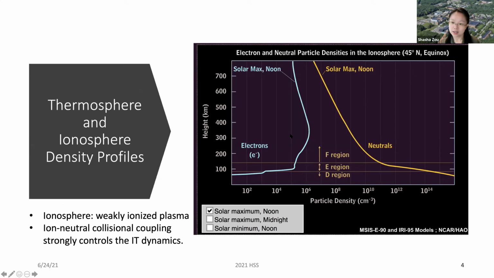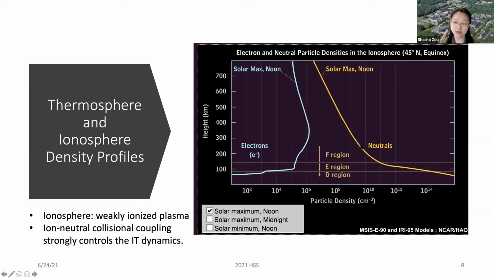The purpose of showing this one is to give you an impression of the relative abundance of the plasma and the neutrals in this region. So you can see even at 300 or 400 kilometers where the plasma reaches its peak, this density is still orders of magnitude smaller than the neutral particles.